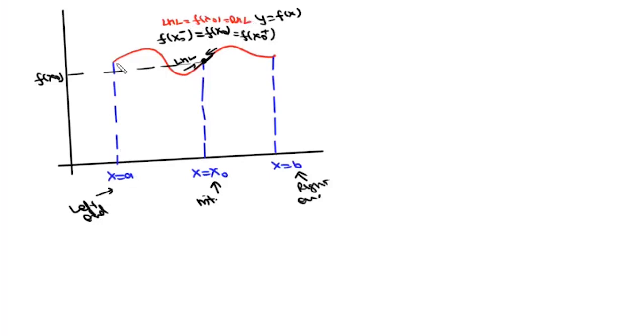And at this point, x equal to a, nothing can be said about its left hand limit, but if we look at its right hand limit, it's approaching this function value, which is f(a). So in this case, f(a) is equal to f(a positive), that is, the function value is equal to its right hand limit.